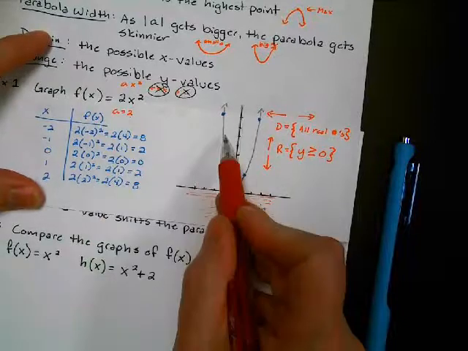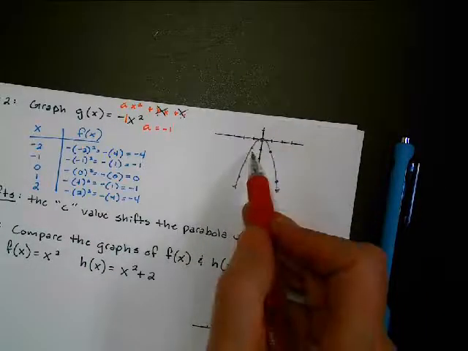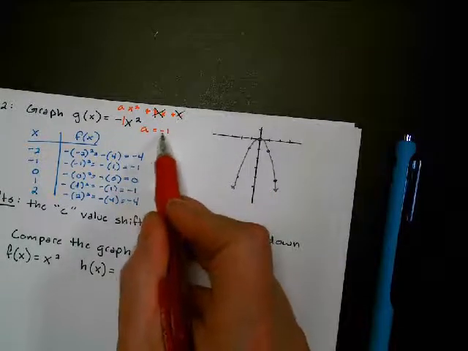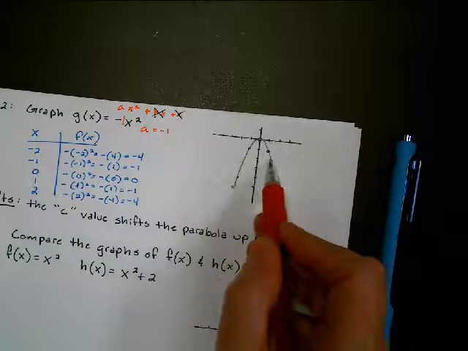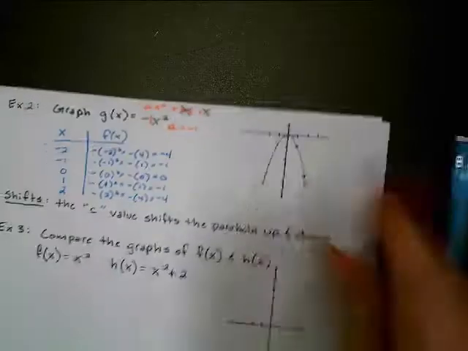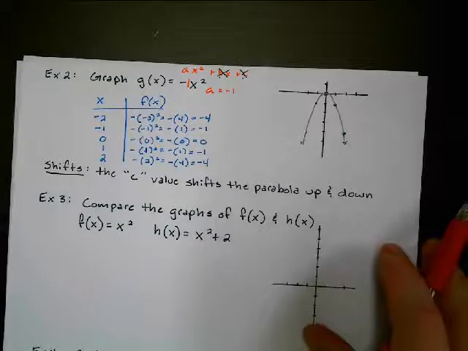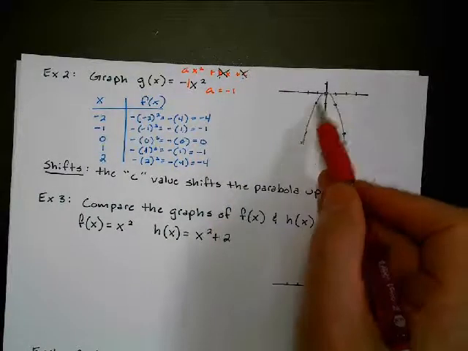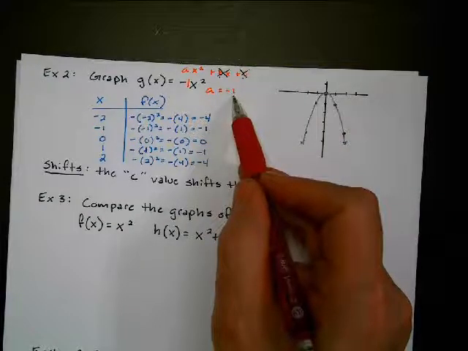And then over here, the a value was 1. Remember, we don't worry about the negatives. So the a value is 1, and so on this one, it's a little bit wider. So the smaller the a value, the wider the graph. So this is a smaller a value, it's 1, and that made this graph wider. If I would have made it even smaller, like an a value of 1/2 or something like that, then it'd be even wider than this one was.